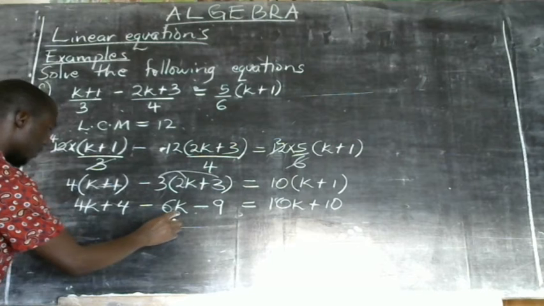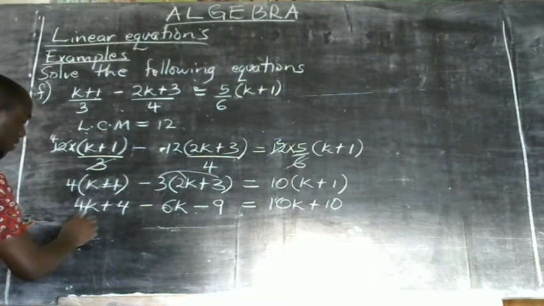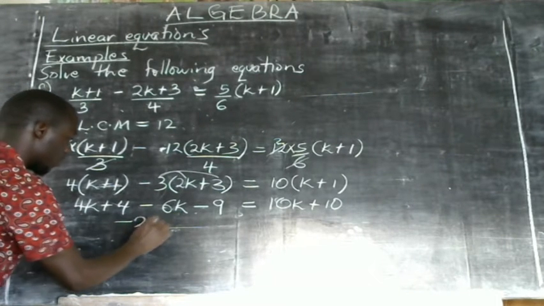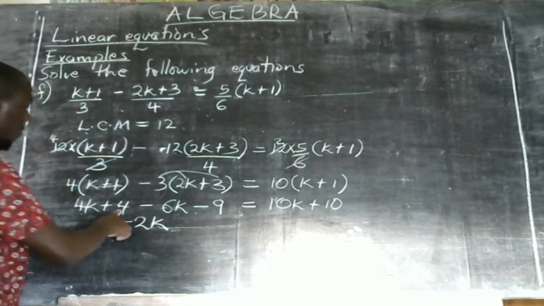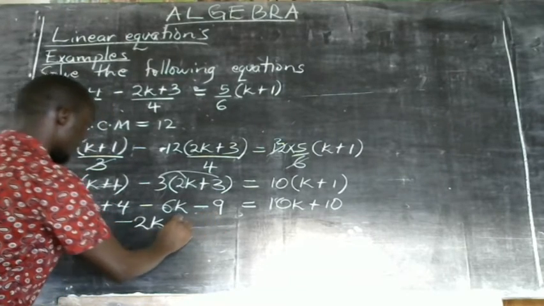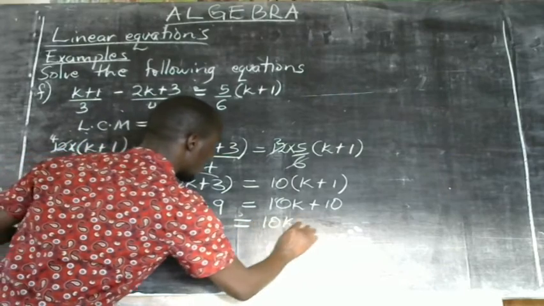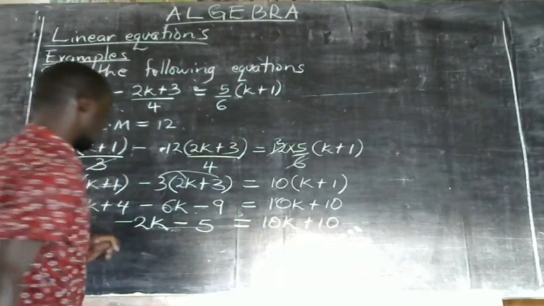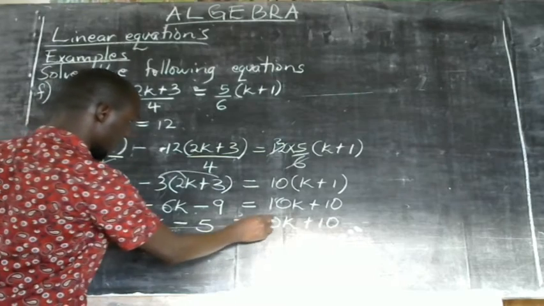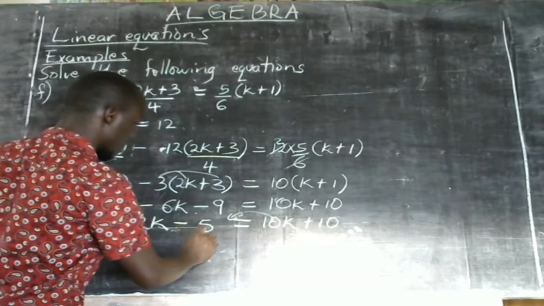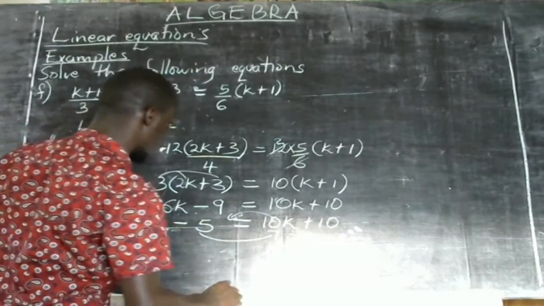So adding negative 6k to 4k, that is minus 2k. 4 minus 9, that's going to be minus 5, is equal to 10k plus 10. So collecting like terms, I'm going to bring the 10k this side, then the negative 5, I take it the other side.